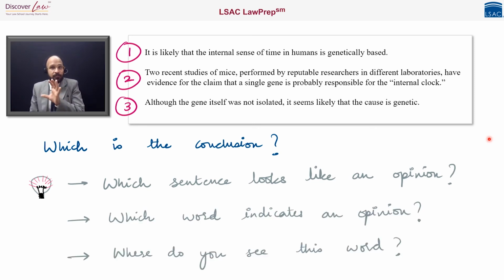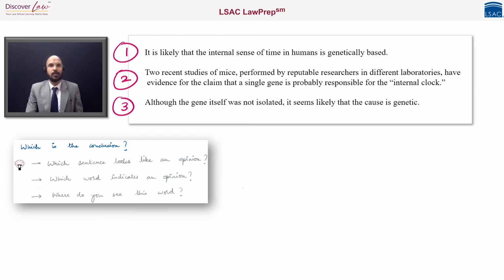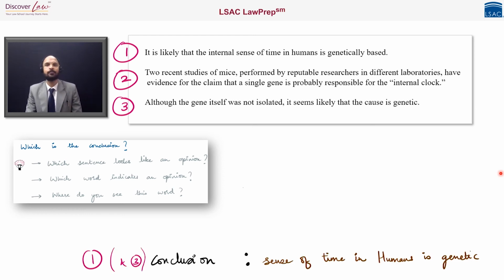So you look through the passage to see where you can find words or phrases that are introducing an opinion, and what follows is likely to be the conclusion. When you see the word likely, these words are indicative of the conclusion. So you can see that in 1 as well as in 3, you can find the conclusion that the sense of time in humans is genetically based.